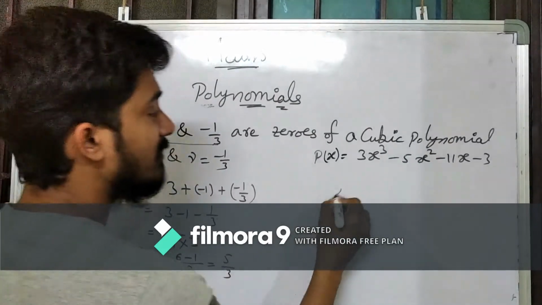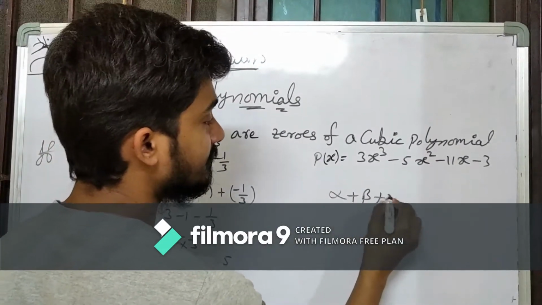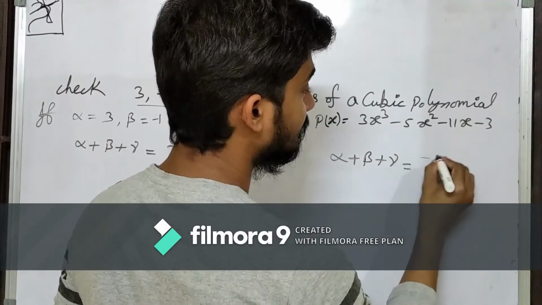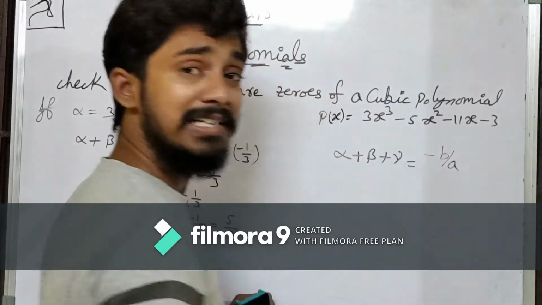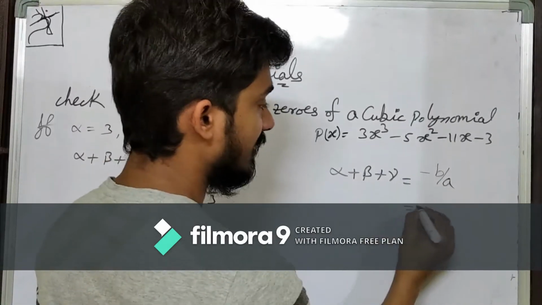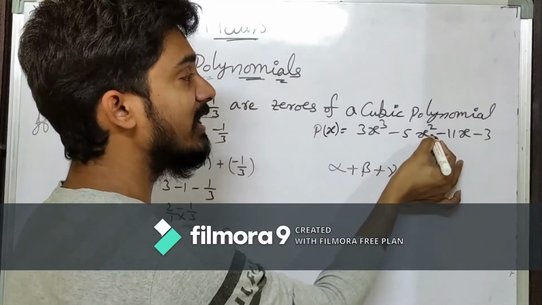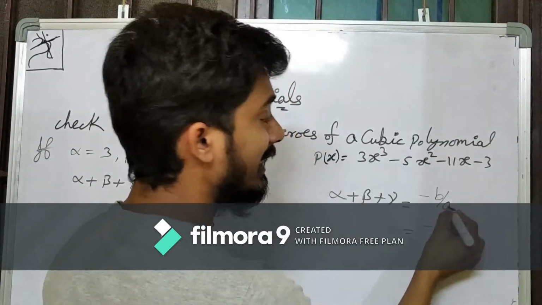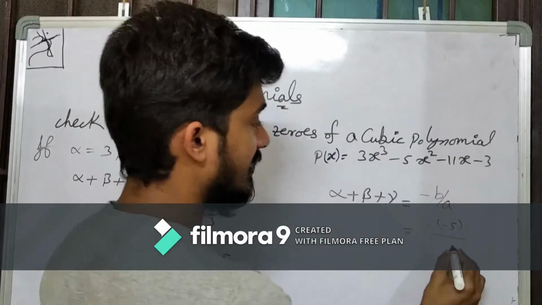Alpha plus beta plus gamma, sum of the zeros, equals how much? Sum of the zeros of a cubic polynomial is minus b by a. What is the b value? The x square coefficient, minus 5. Minus of minus 5 by a. The a value is the x cube coefficient, 3.